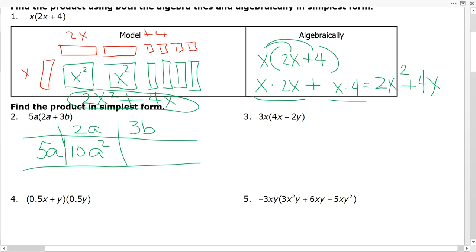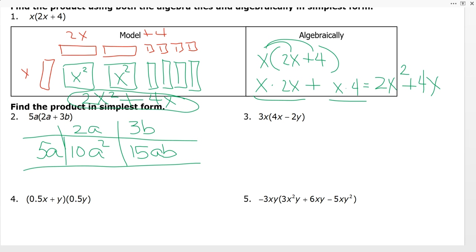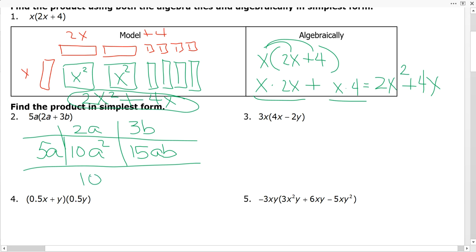And 5a times 3b is 15ab. So basically I just distributed, but I took apart my terms so that I could focus on one term at a time. So my answer is going to be 10a squared plus 15ab.